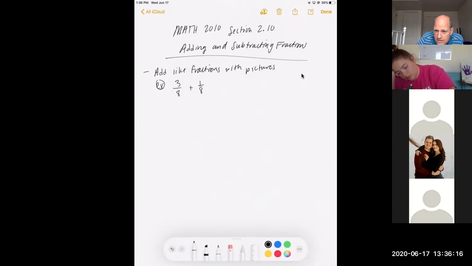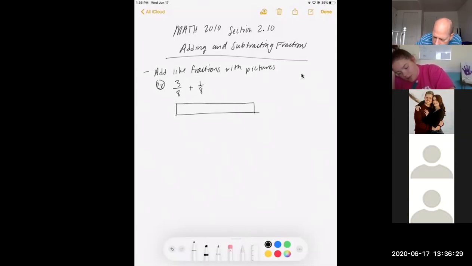Okay. So we need to depict, in addition with fractions, you depict each of the fractions with a bar. You can also do circles if you want, but we're not going to, just to keep our representations consistent, we won't do circles. We'll just do bars for right now.